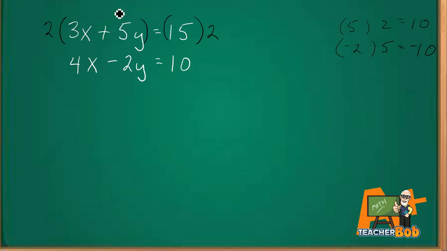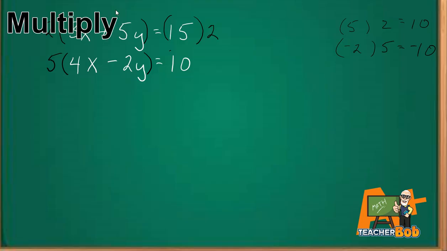So we're going to multiply the right side by 2 as well. And as we've mentioned, we're going to multiply the negative 2y by 5 to get a negative 10y, and we'll multiply the whole expression on the left of the equation by 5, and we'll do that as well to the 10 on the right.